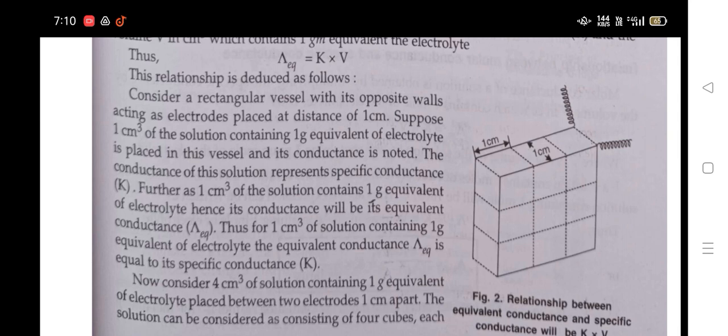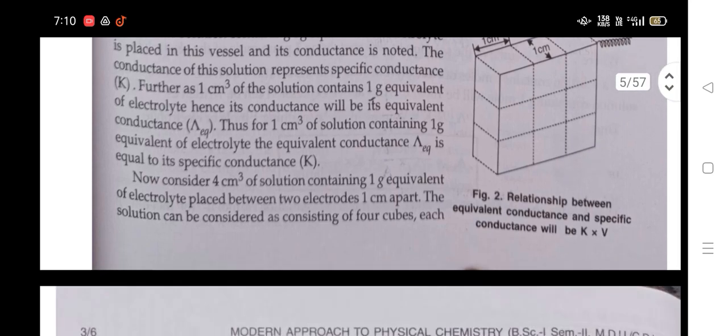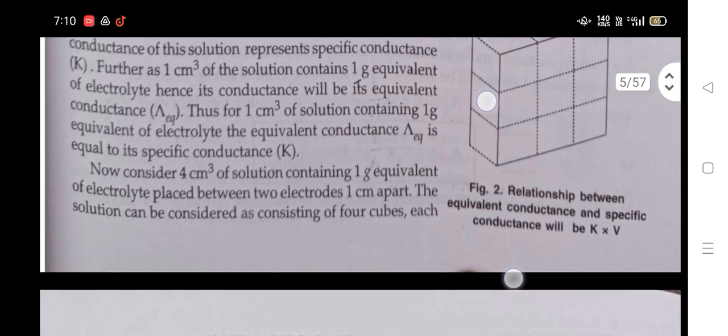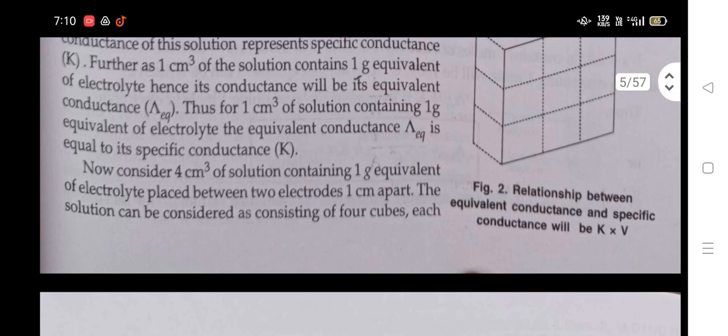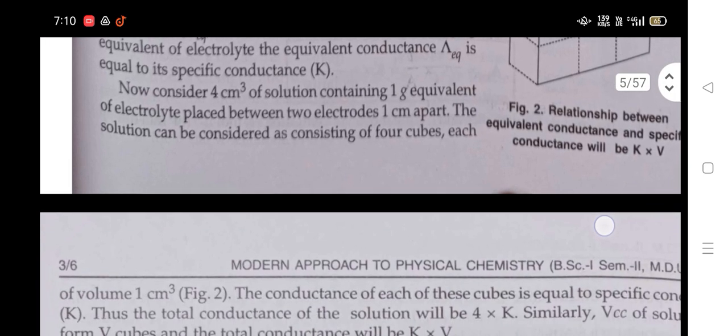Further, as 1 centimeter cube of the solution contains 1 gram equivalent of electrolyte, hence its conductance will be its equivalent conductance. Thus, for 1 centimeter cube of solution containing 1 gram equivalent of electrolyte, the equivalent conductance is equal to specific conductance. Now consider 4 centimeter cube of solution containing 1 gram equivalent of electrolyte placed between two electrodes 1 centimeter apart.